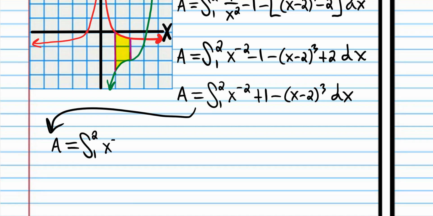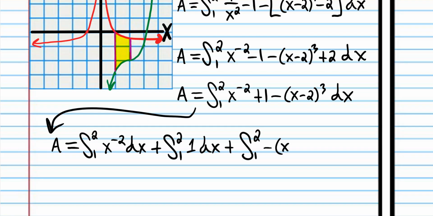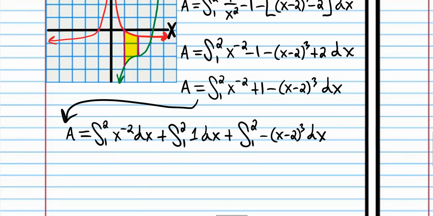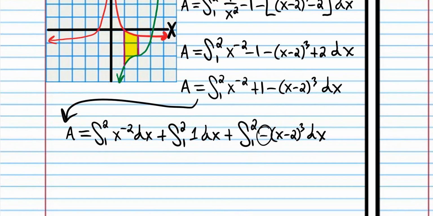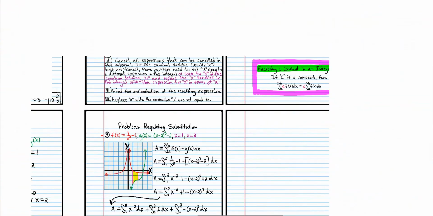So we have the integral of x to the negative 2 plus the integral of 1 plus the integral of negative x minus 2 cubed. And you can take this negative out if you want to. You don't have to.